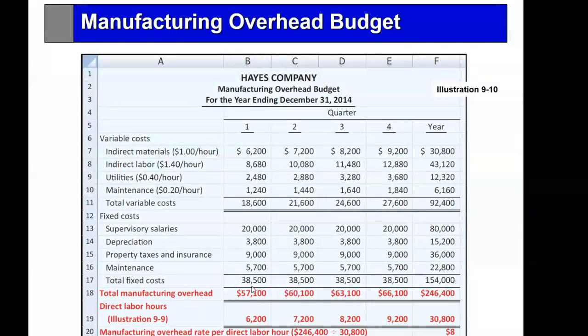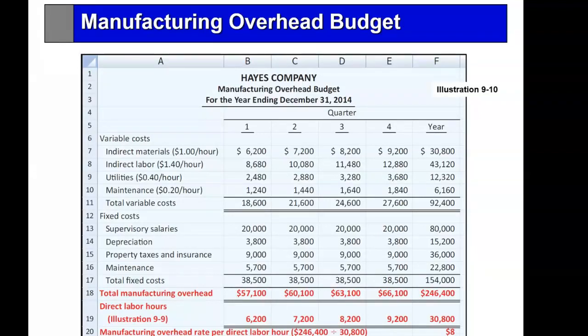So in each quarter, it's 38.5, 38.5, and that's salaries, depreciation, property tax, and maintenance. So you understand those are fixed costs. So the total manufacturing is the variable 18.6 plus the fixed 38.5. I get 67,100.